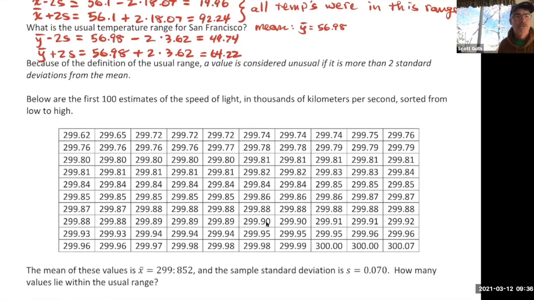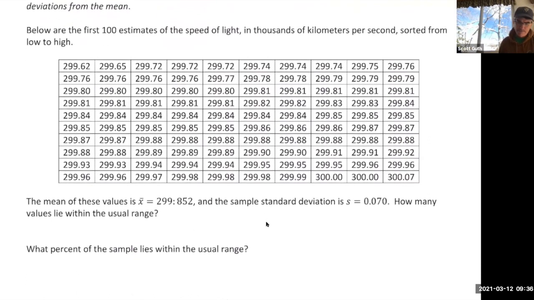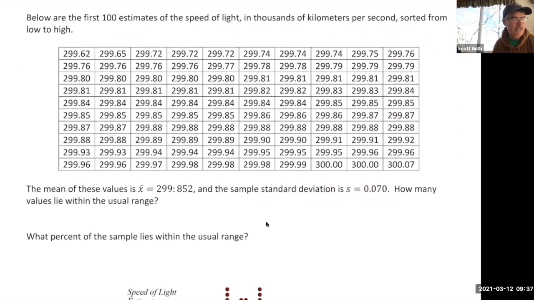Okay. So here we have some historical data, sort of interesting. Now, I don't remember the dates. I think these are in the book. And the dates are from the 1920s, I think, when they were trying to estimate the speed of light, which is crazy when you think about it.